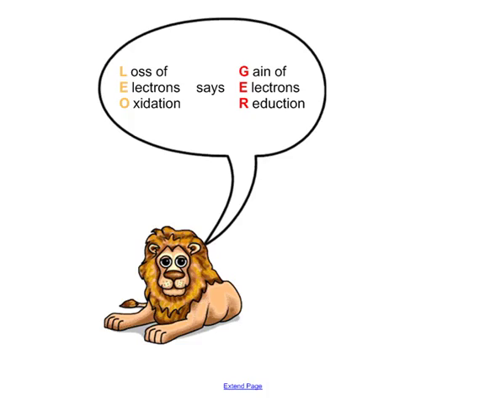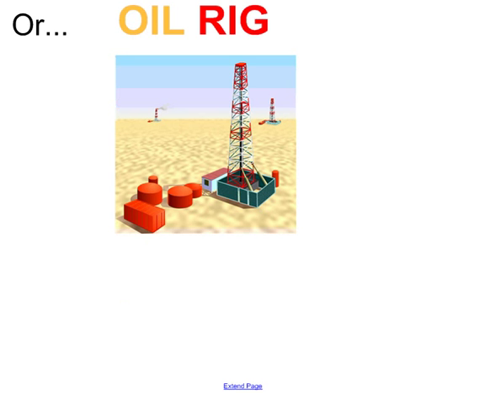Another useful mnemonic, if you don't like Leo the lion, is OIL RIG: oxidation is loss and reduction is gain of electrons. Whatever makes the most sense to you, please use that to make sure you're not mixing up oxidation and reduction.